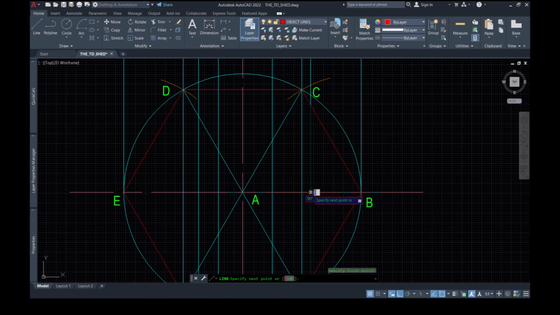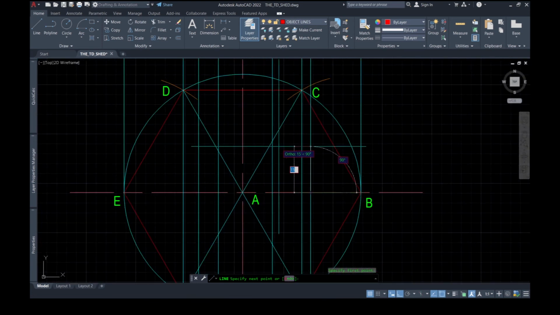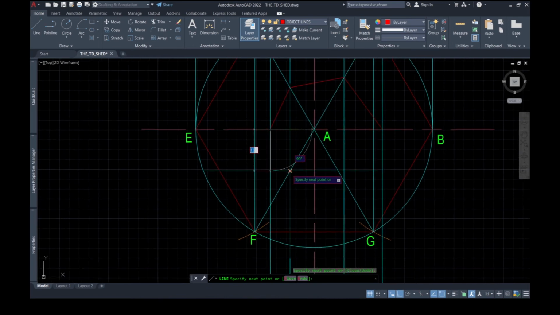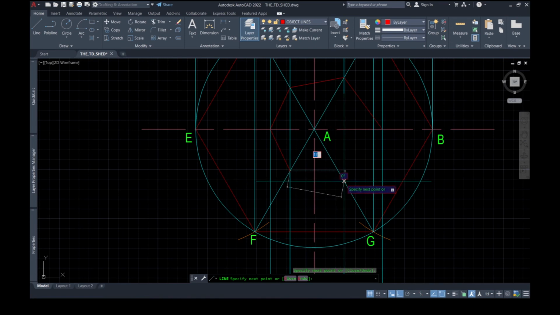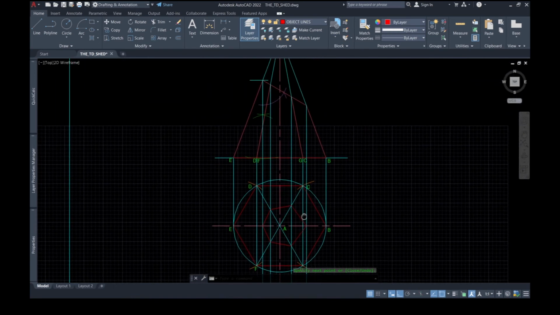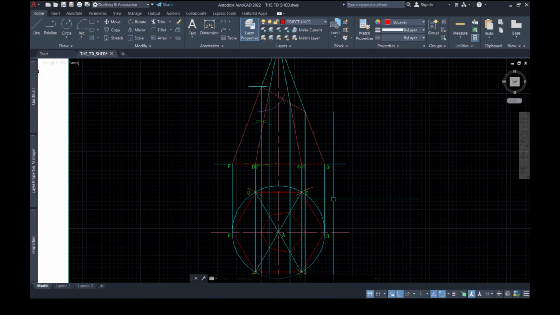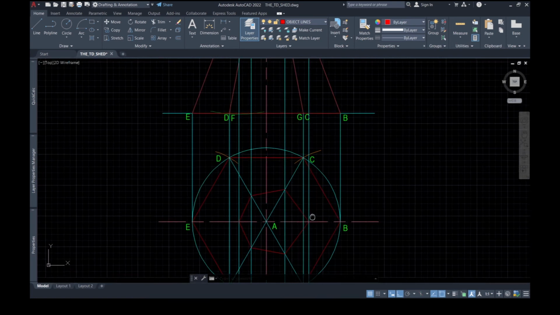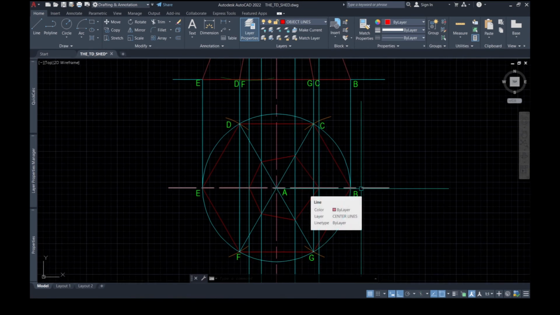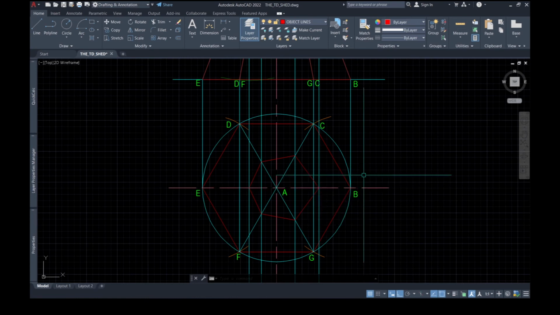First one is here, followed by... Let us now draw the missing lines in order to complete our plan of the truncated pyramid.